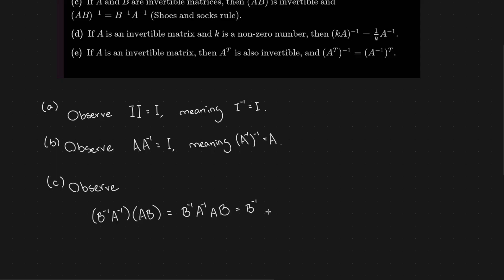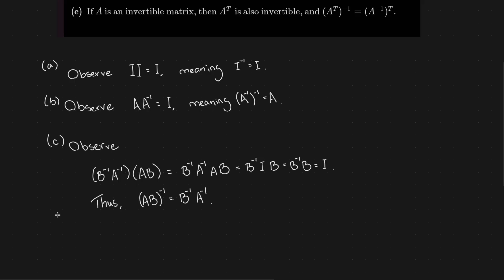So I get B inverse times the identity matrix times B. And any matrix times the identity matrix is itself, so I times B is just B. And B inverse times B is just the identity matrix. So when I multiply these, I get the identity matrix, which means these must be inverses since we know they're both square matrices. Thus, the inverse of the product matrix AB is B inverse times A inverse.